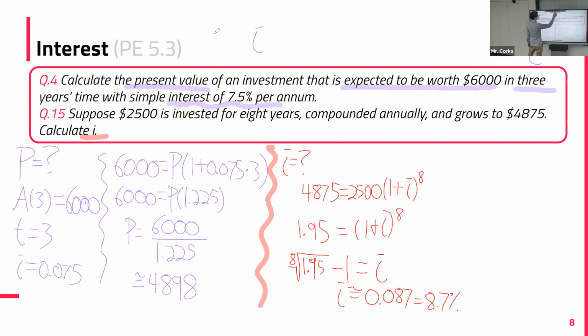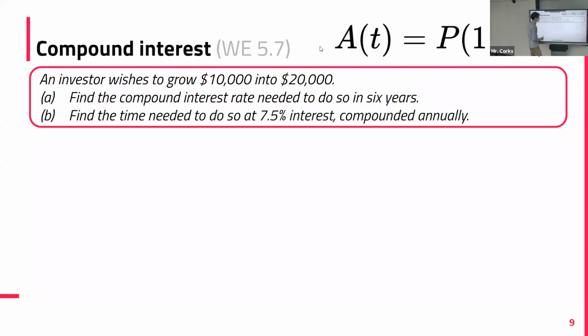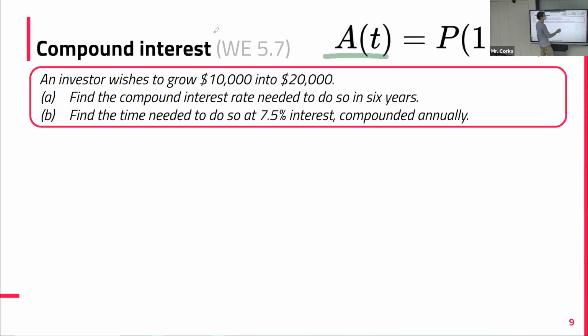In our last class with the compound interest formula, we had examples where we solve for the final value and solve for principal, and we've just done this one where we solve for interest rate.